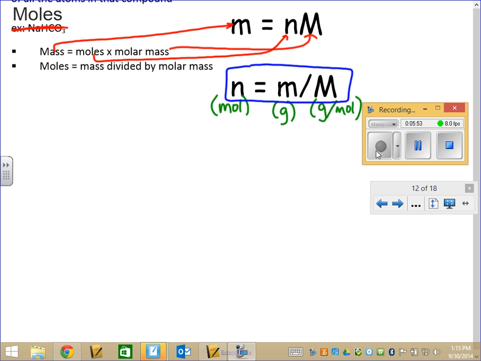and rearrange it. So if this is what I'm starting with, and this is what I want to end up with, I need to ask myself, mathematically, what do I do to rearrange a formula? Now, what we're going to do here is not just for this formula. This is for any formula, anytime, ever, in math, in any other course you take.